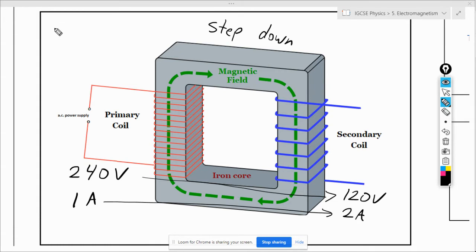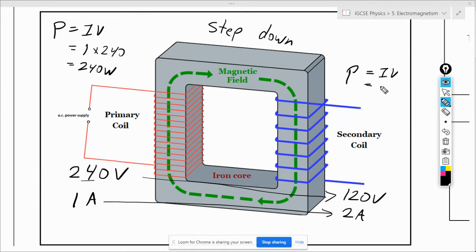So let's see, how much power? P equals IV. I is 1 amp, V is 240 volts, so this is 240 watts of power. What do we have over here? Well, for the secondary coil, P equals IV.